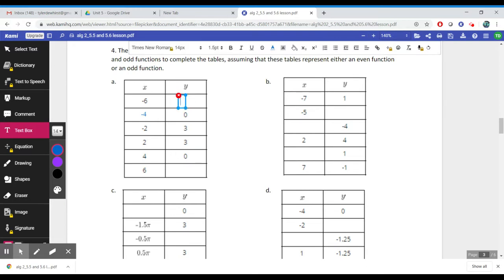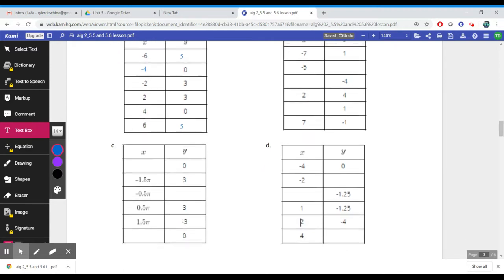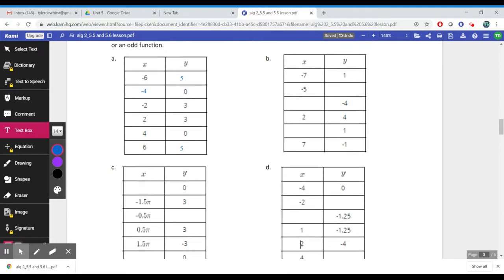So we could take a guess, say maybe it's going to be 5, and if the input of -6 gives us 5, then the input of +6 also has to give us 5. So these two boxes could really be any number, but they would have to have the same value for each one. So using that one as an example, go ahead and pause the video, see if you can fill out parts B, C, and D on your own, and then we'll talk about what my results were as soon as you're done with that.